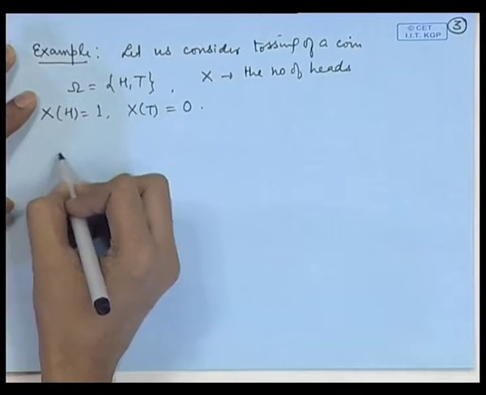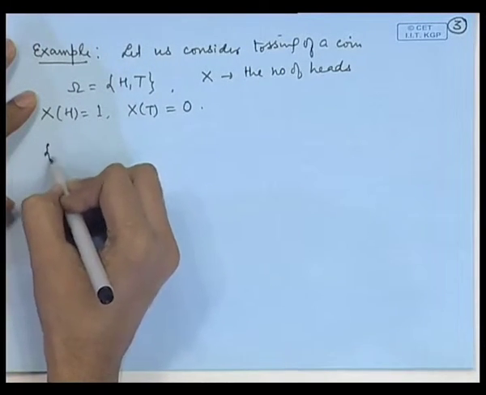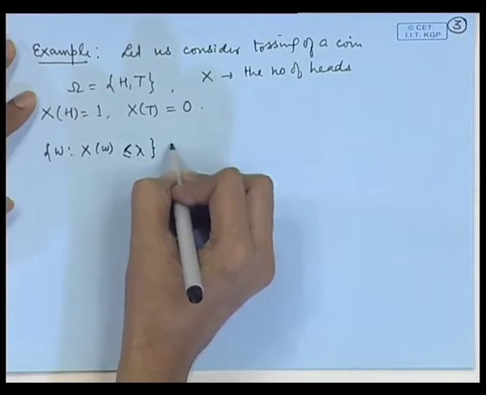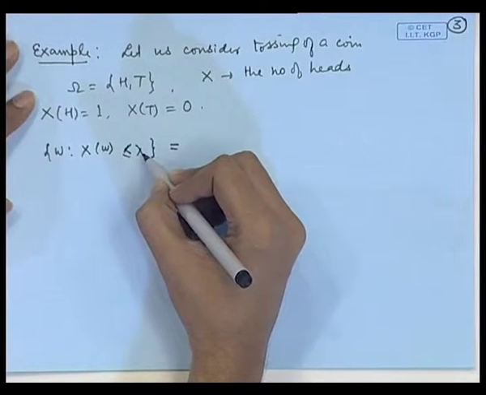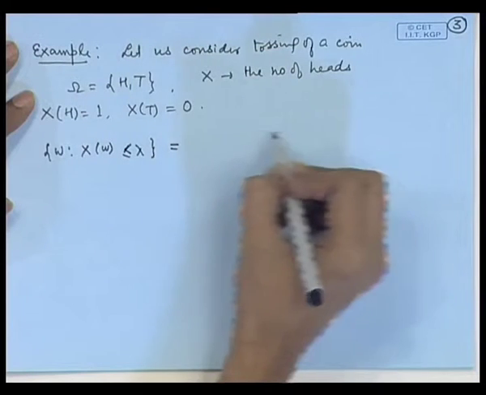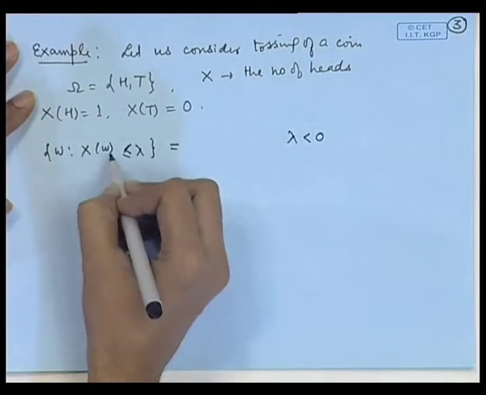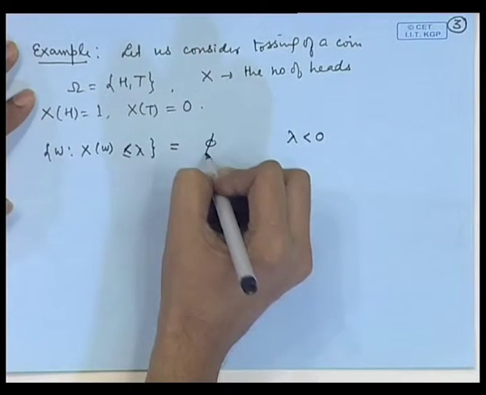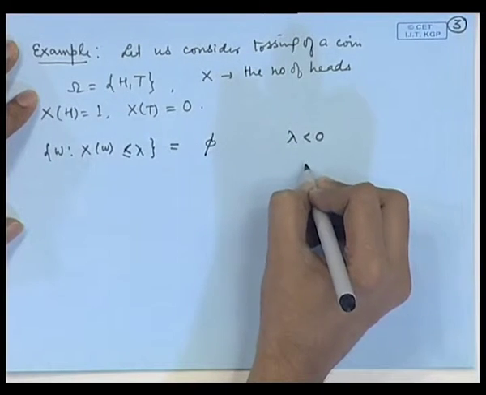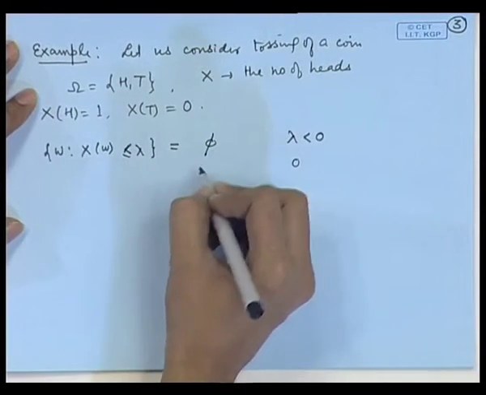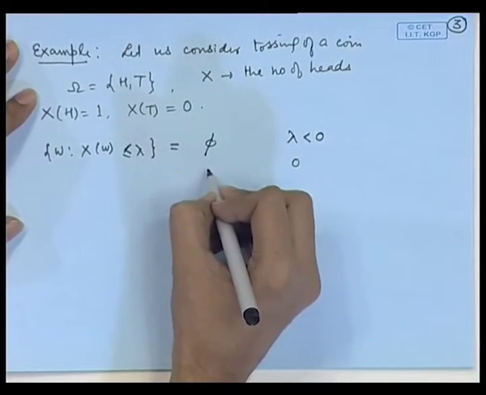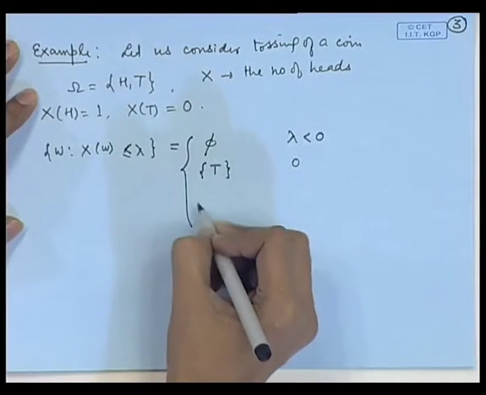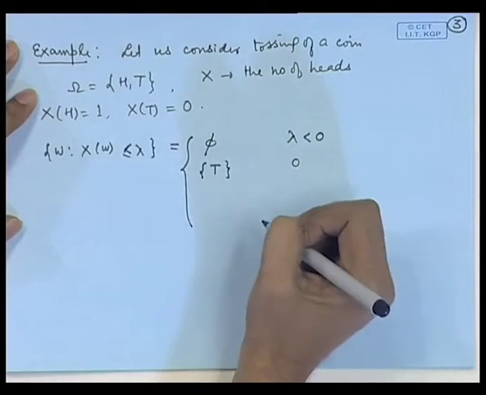If we look at the set of omega such that X omega is less than or equal to lambda, say, if lambda is negative, then there is no point for which X omega satisfies that condition. That means this is an empty set. If I take lambda equal to 0, then X(T) is equal to 0, so there is a point satisfying X omega less than or equal to 0.